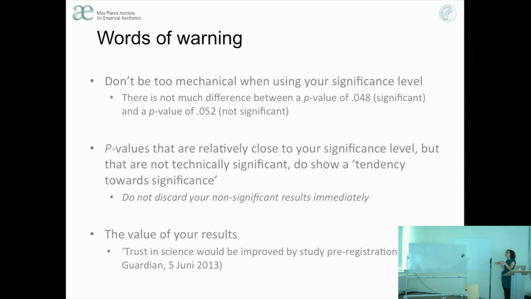So p-values that are relatively close to your significance level, but that are technically not significant, do show a tendency towards significance, or are marginally significant. That is also a term that has been used. And I would say do not discard your non-significant results immediately, especially not if they are showing a tendency towards significance.